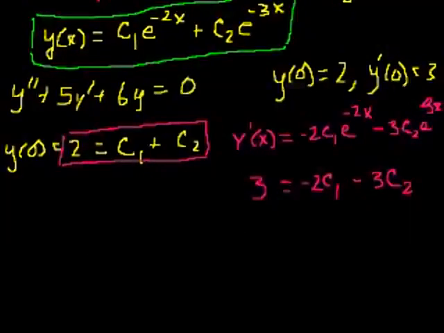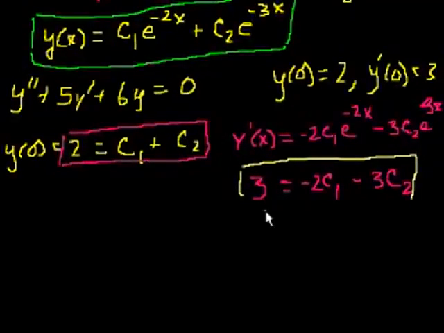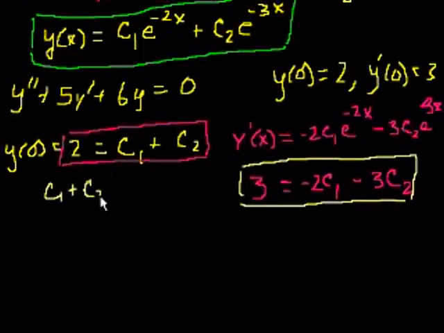So now we go back to your first year of algebra. We have two linear equations with two unknowns, and we can solve. Let me write them in a form you're probably more used to. The first one is C1 plus C2 is equal to 2. And the second one is -2 C1 minus 3 C2 is equal to 3.